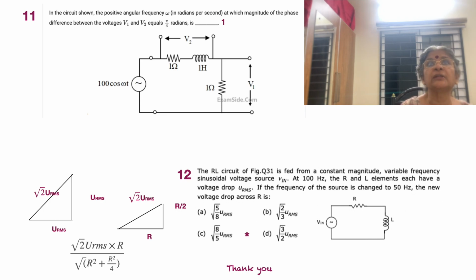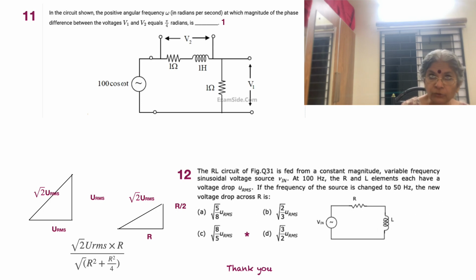So now the impedance pattern is such that we have resistance R, which has not changed, and omega L has now become R by 2 instead of R. Across this we apply the same old voltage, the magnitude being root 2 V RMS. What does it mean?